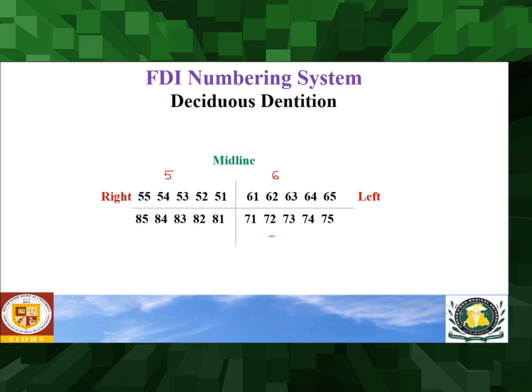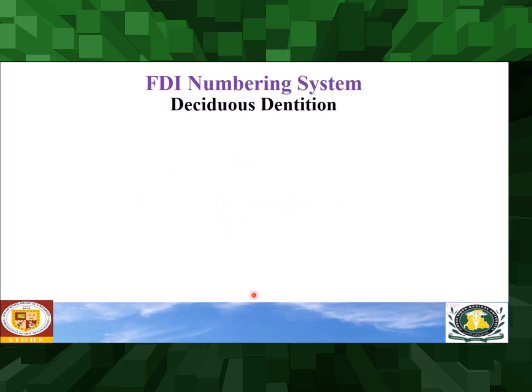Number 7 indicates the mandibular left, and number 8 basically indicates the mandibular right quadrant. The second number basically represents the tooth number 1, 2, 3, 4, 5. So these numbers are the same and they start from the midline. Now we will do some exercise of the FDI notation system on the deciduous dentition.